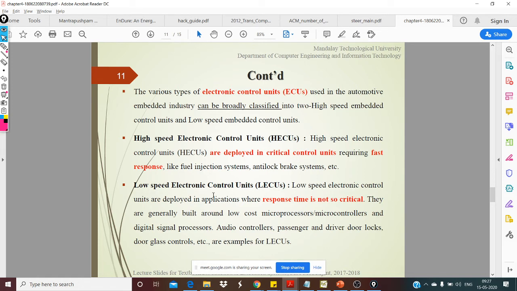And for the other ones that are not so critical, what are they? You have your audio controller, driver, door locks, and door glass control and all these things. It's okay if you push the button and it takes a little longer, you miss the deadline, it's fine. It's only going to cause a little discomfort, not going to endanger anyone's life.